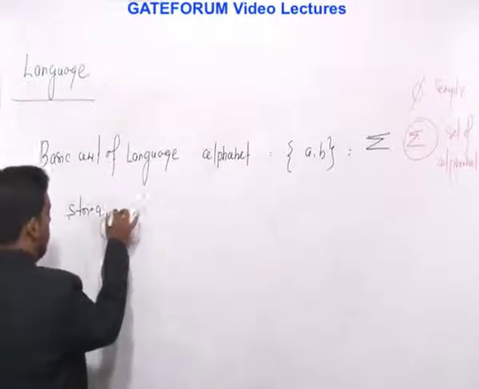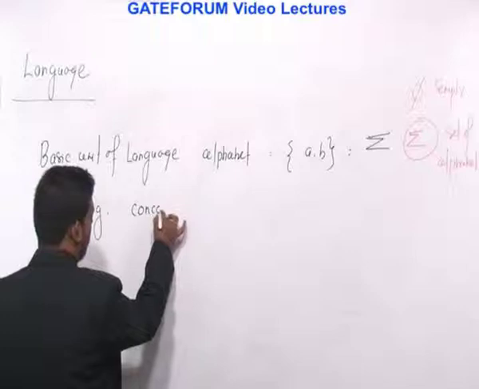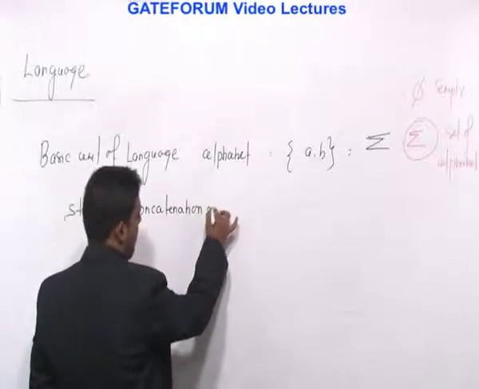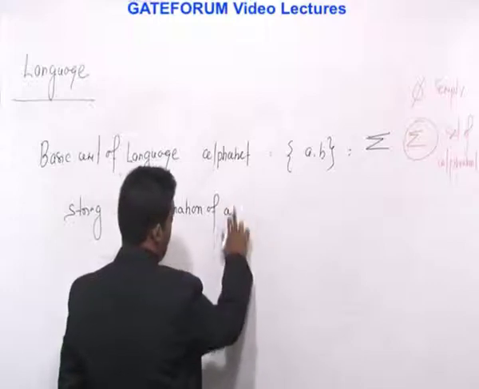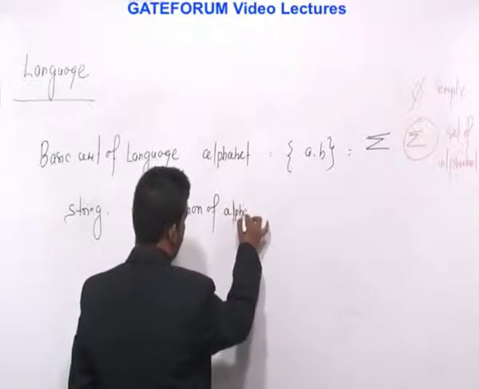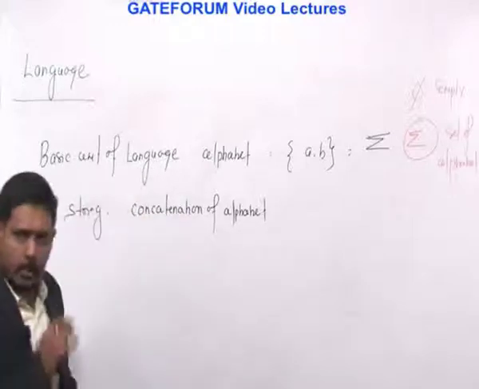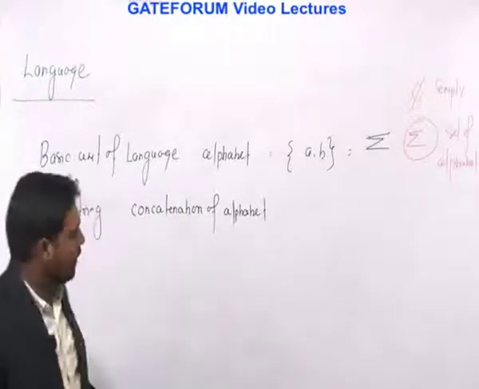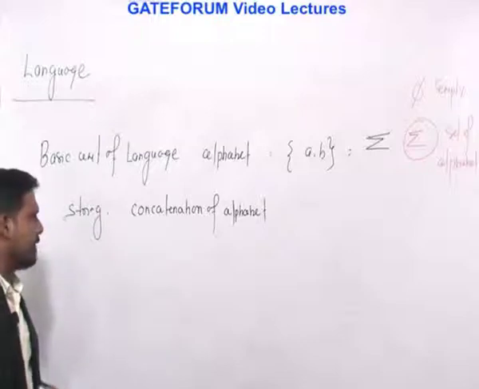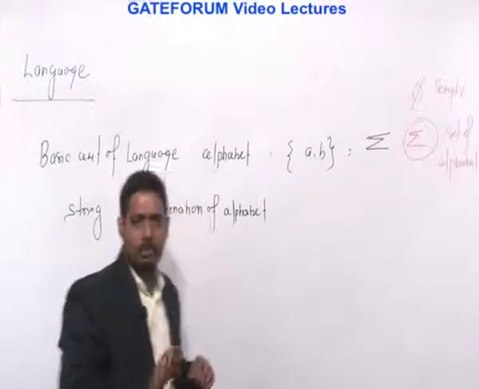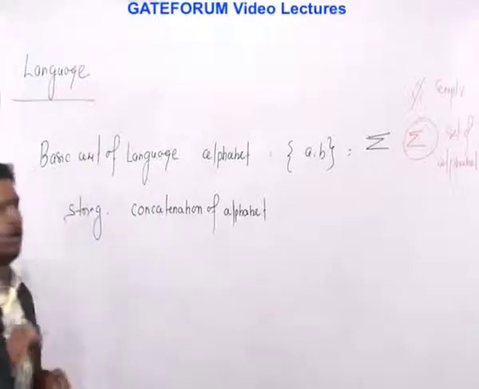What is a string? Now the new term, concatenation, concatenation of alphabets. Very simple thing. Your alphabet is A and B, and now you do this concatenation any number of times, in any order.